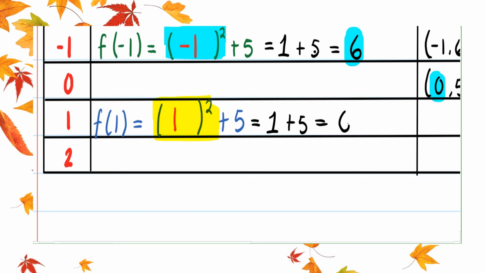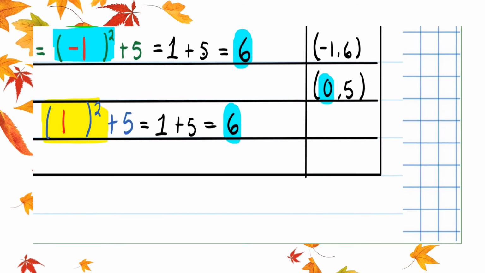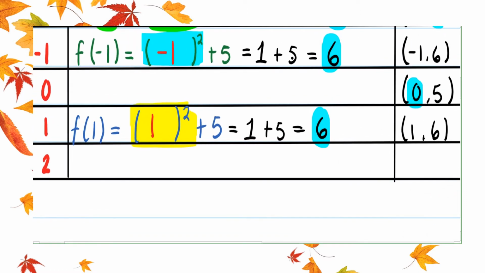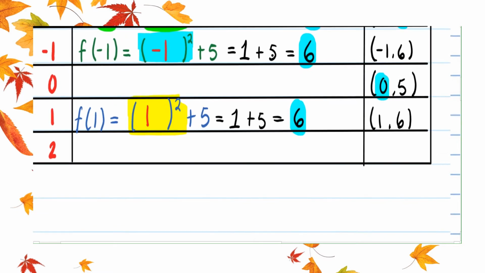And then add it to the 5, and we get 6 again. So our fourth point would be +1, comma 6. As you're doing this, look for patterns. Maybe we find a certain pattern so that we don't have to do every bit of work. You always want to look for shortcuts in math.